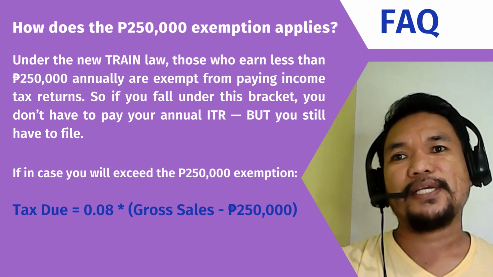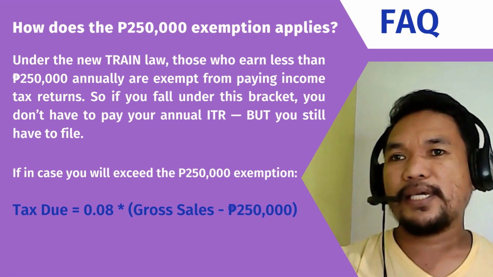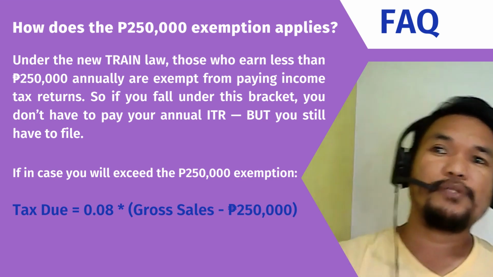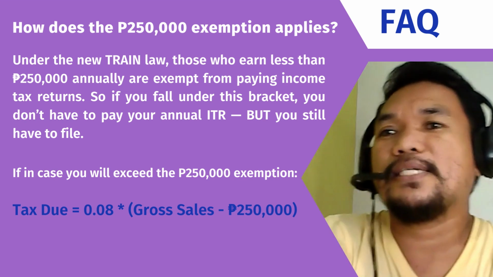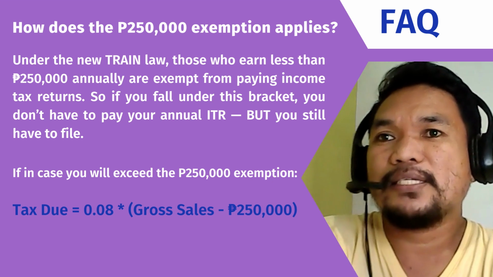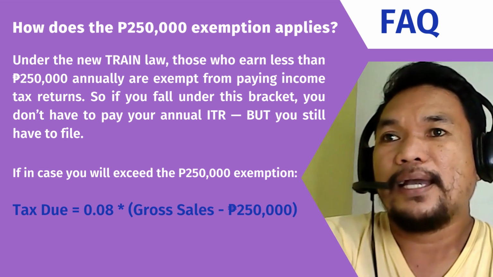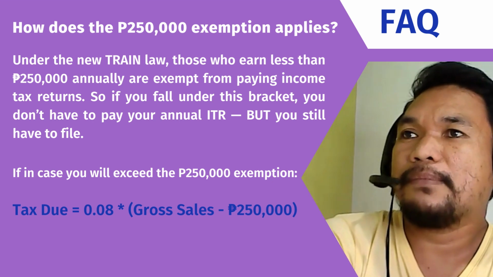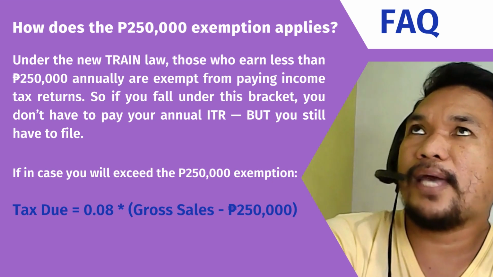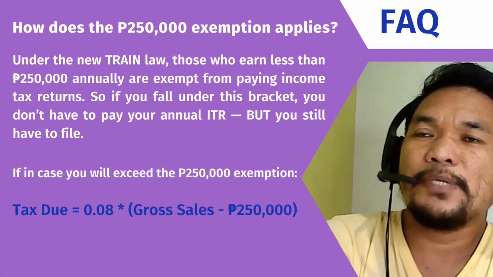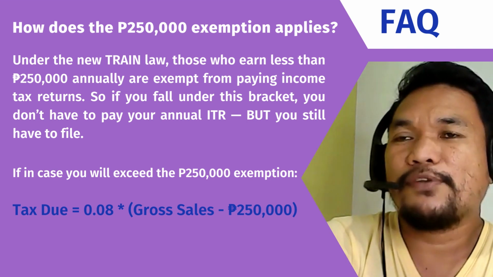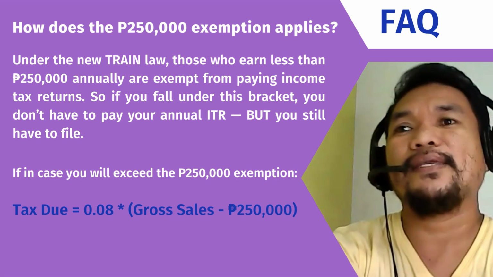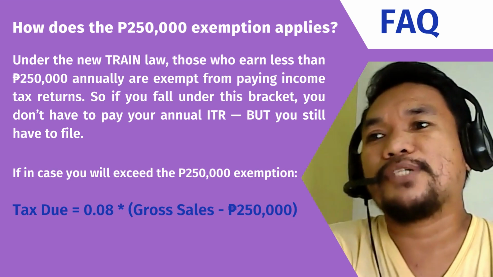Your gross sales, in our example, is 300,000 minus 250,000. So 50,000 times 8%, that is your tax due. Again, you can only finalize that after or during the filing of your annual income tax return, because for the first quarter you cannot be certain yet.